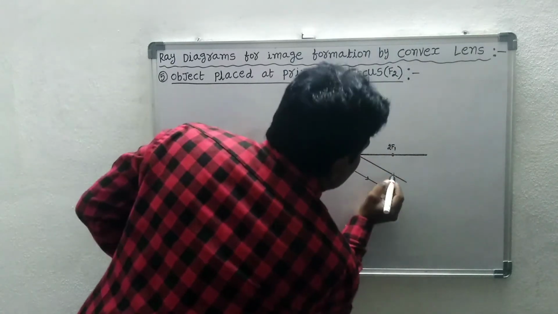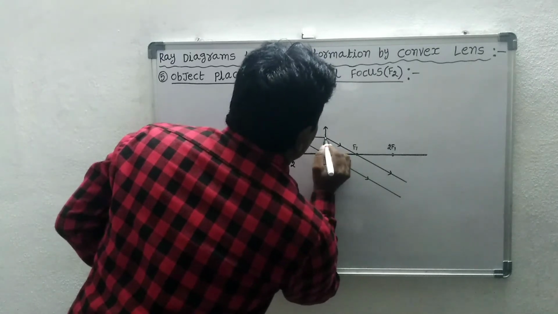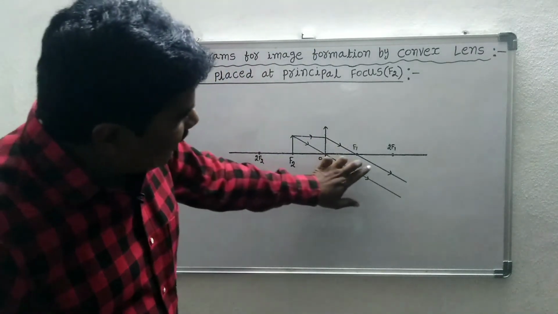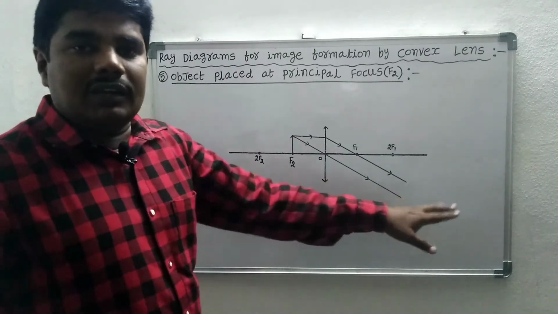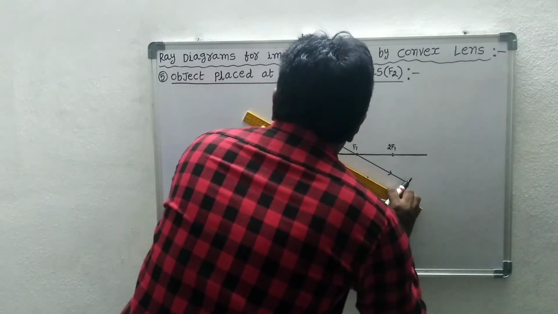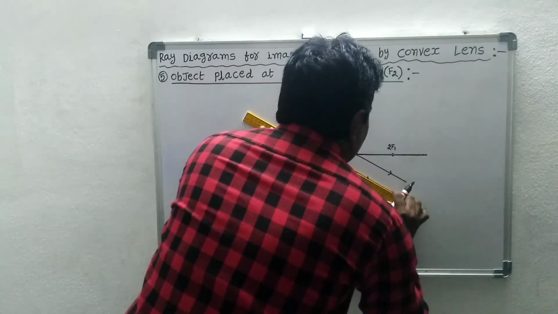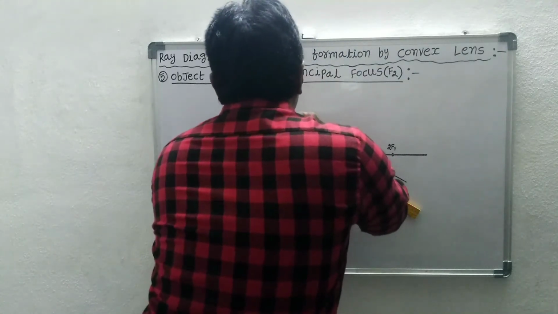This is another light ray. These two light rays are parallel to each other. They do not intersect. That's why we extend them in the backward direction like this.